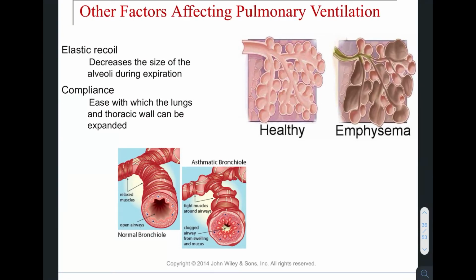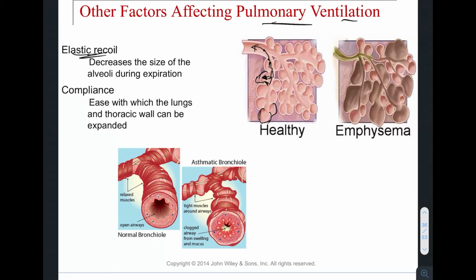Other factors affecting pulmonary ventilation have to do with the tissues. So first of all, let's look at the alveoli, which in a healthy individual are nice and round shaped, kind of look like grapes, and those connective tissues full of those elastic fibers are able to give elastic recoil, which just means that once the air comes in and bounces off the walls of that alveolus, it'll kind of expand a little bit and then push back, and that pushback is gonna help to get that air back out, helping with ventilation.